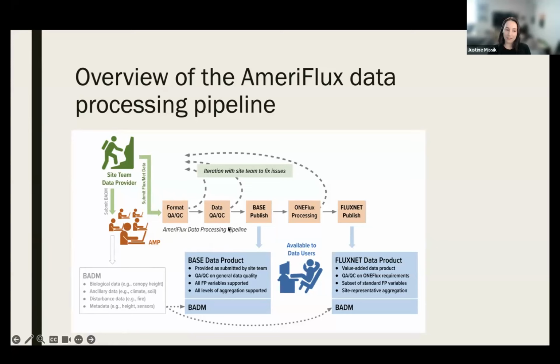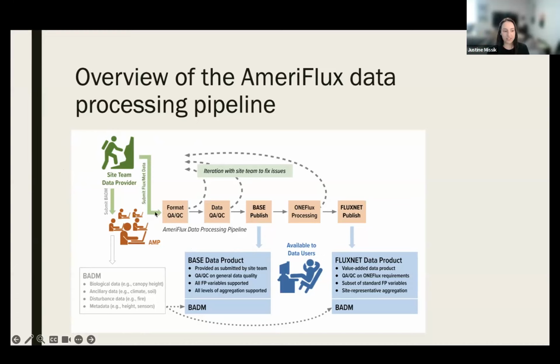And if it finds things that look suspicious, for example, they might flag if at some point your radiation measurements seem to be offset, and maybe that happened because the time of your data logger got moved for daylight savings or something when it was supposed to be, and things like that. They can catch in the data QA/QC process.